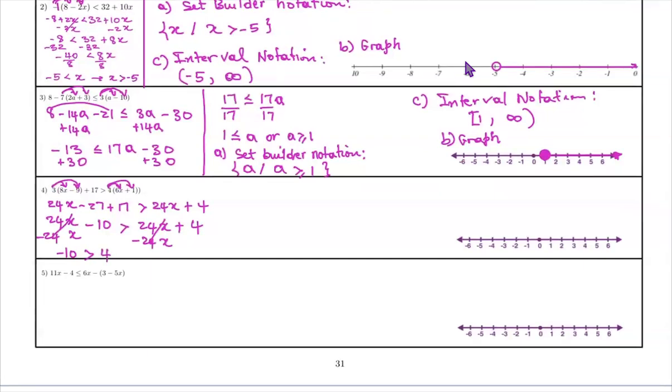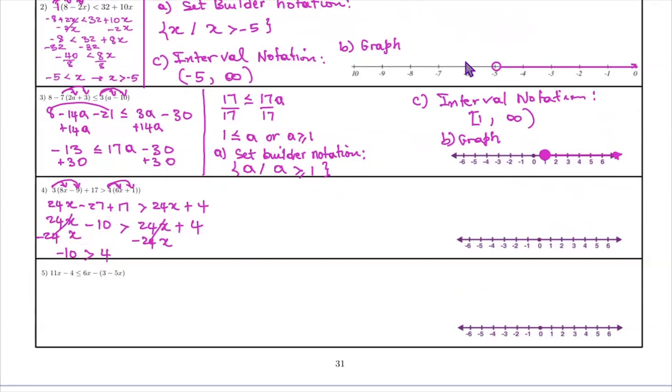Well, what we need to realize in this situation, we cancel the variable on both sides of the inequality, which means we're going to have to make a conclusion based on the statement that we have on whether it's a true statement, which will mean that all real numbers are solution because it does not depend on the variable, or if it's a false statement, then there will be no solution.